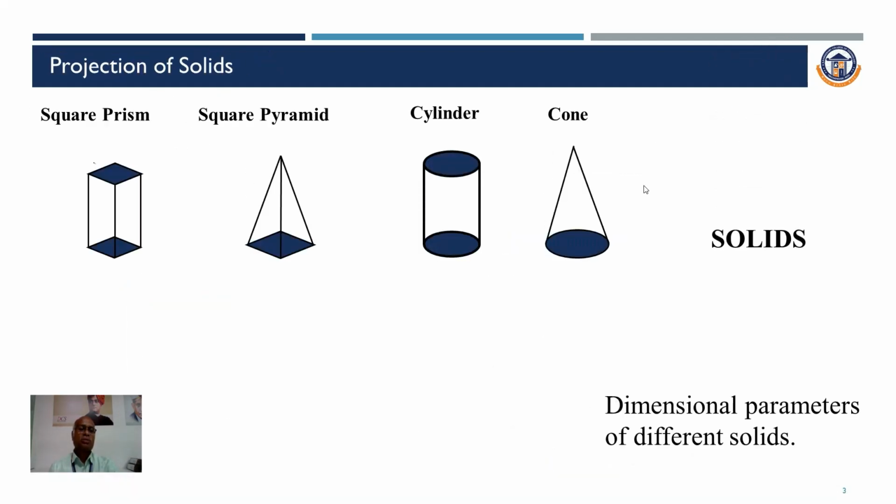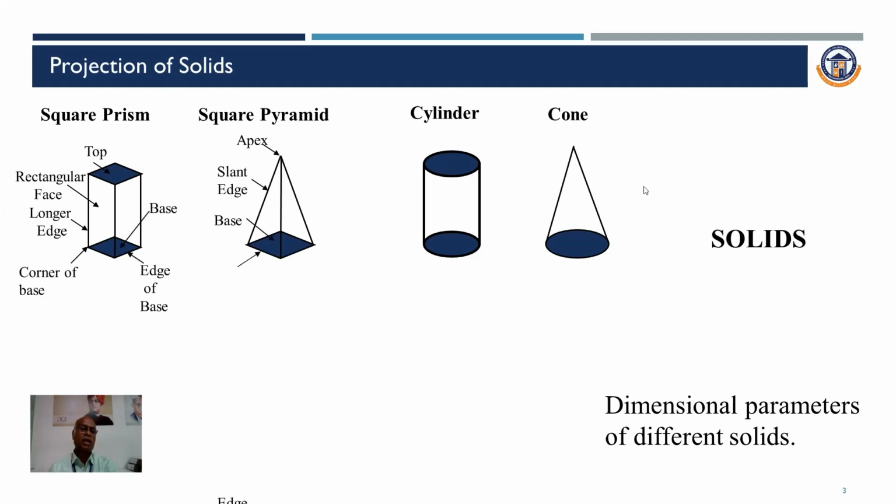Now the dimensional parameters of different solids. First is the square prism. In a square prism, there are the bottom and top edge. The bottom side is the base, the top side is the top face, and the side ones are the rectangular faces.